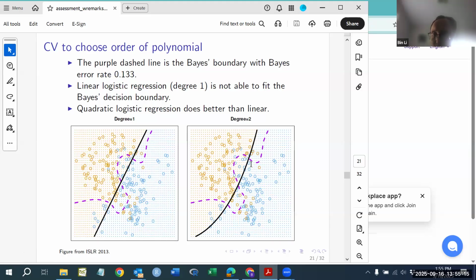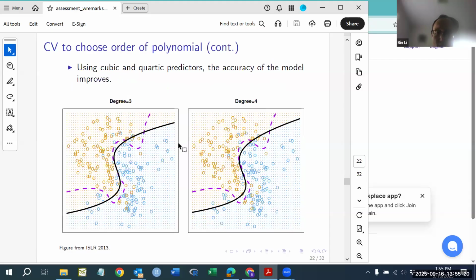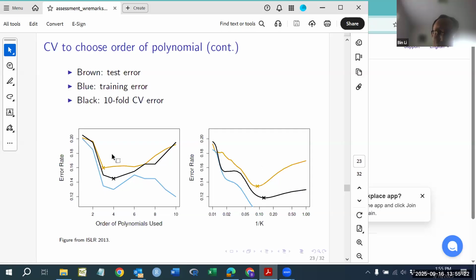So this is the quadratic boundary with degree 2. This is 3 and 4 and so on. This shows the error rate, which is based on the tenfold cross-validation.